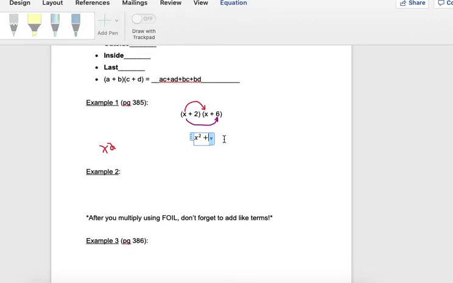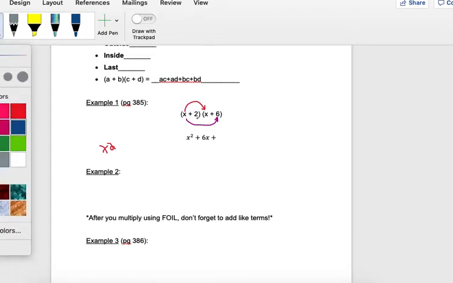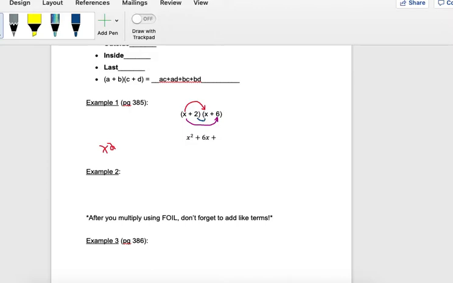X times 6 is 6x plus, and then we have our next one. I'm going to choose a different color again. The next one is inside. That is 2 times x. 2 times x is 2x.